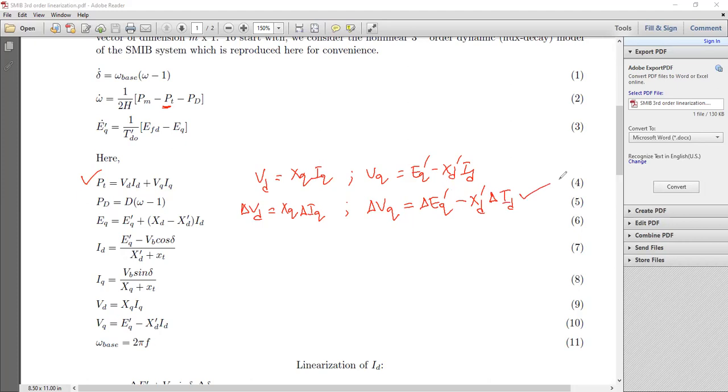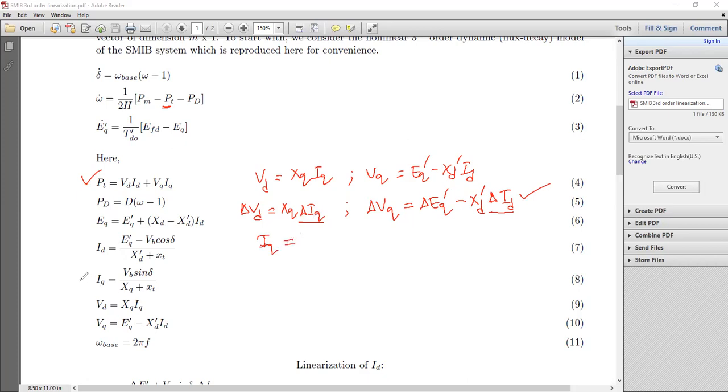Okay, done. So we still see that we have the del IQ here and del ID here, which are neither state variables nor input variables. So what we have to do is again go for the linearized representation of IQ. So we start from IQ to find out what is del IQ.